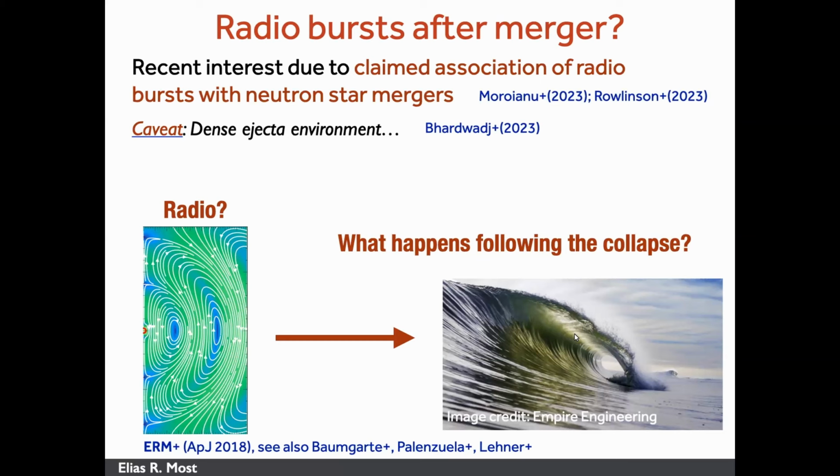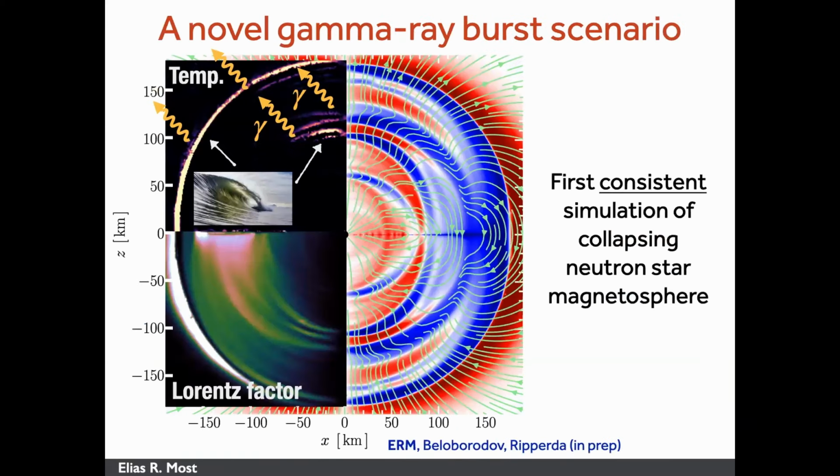We actually recently uncovered that there's a new model that can exactly produce this sort of phenomenology. So if you run the simulation, you put the right approximation, the right physics, the right picture, you actually see that these waves steepen into shocks. This you can see here in terms of Lorentz factor as well as temperature, that these very small regions that get very hot, very, very fast, they propagate out. They show exactly the same phenomena as the ocean wave.